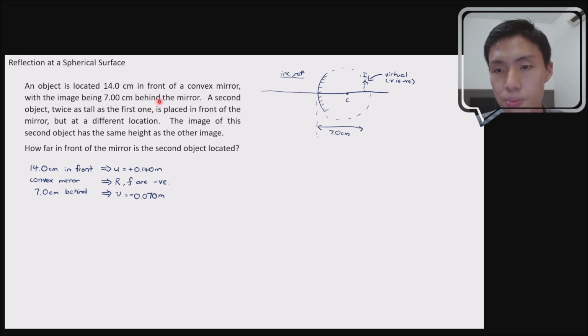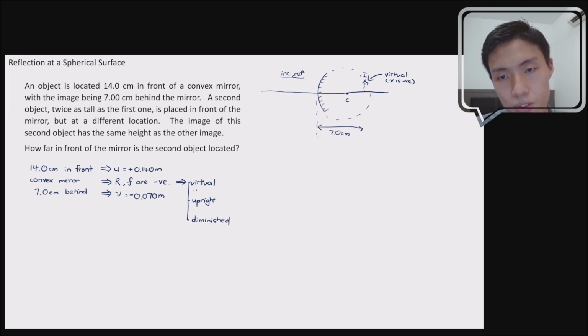Besides that, we should also know that a convex mirror always outputs one kind of characteristic: virtual, upright, and diminished. This is the quality you should expect if you are talking about a convex mirror.